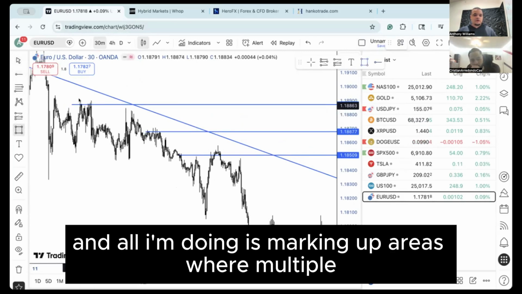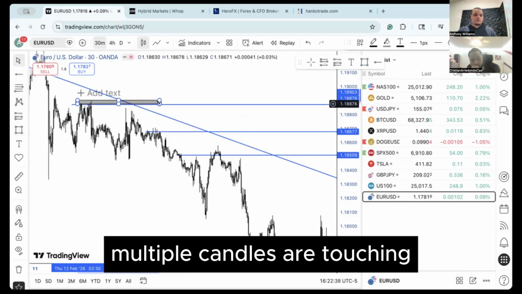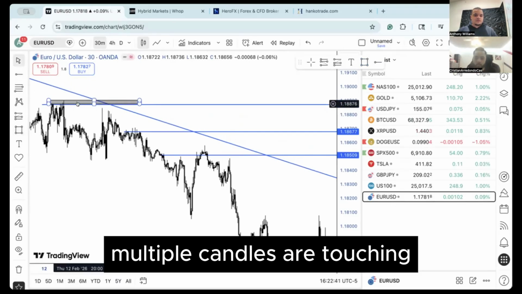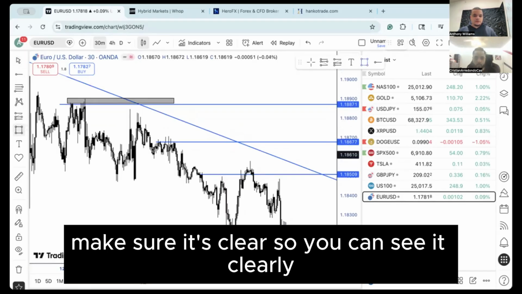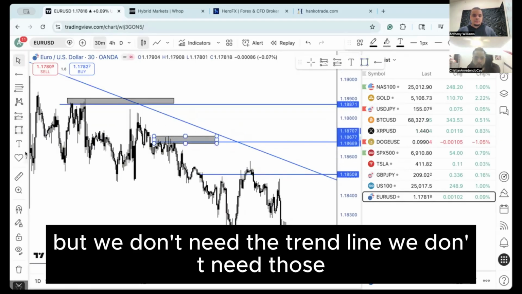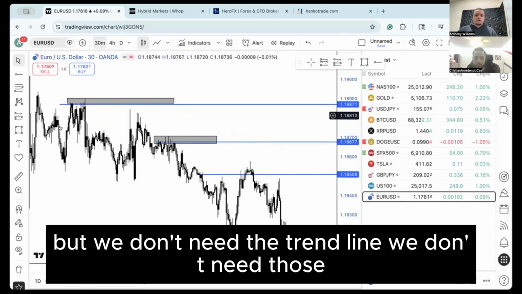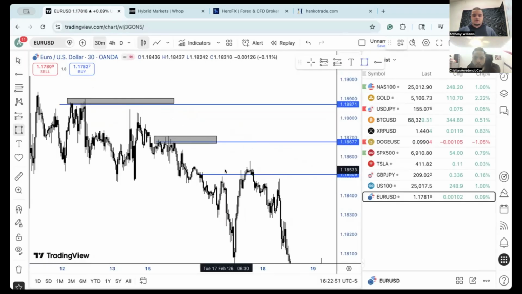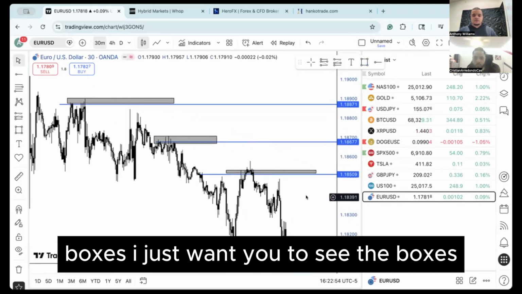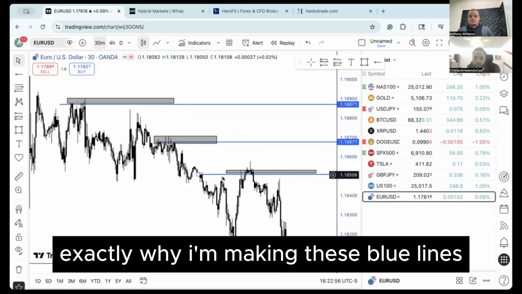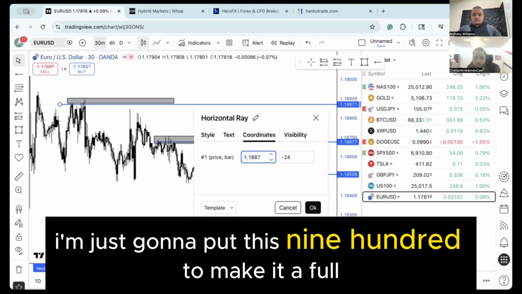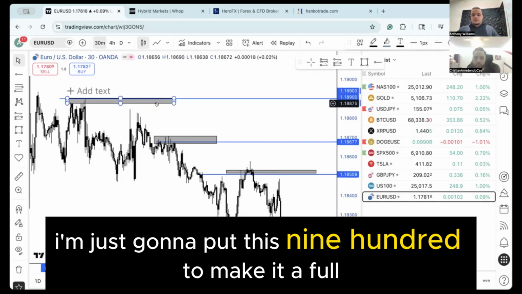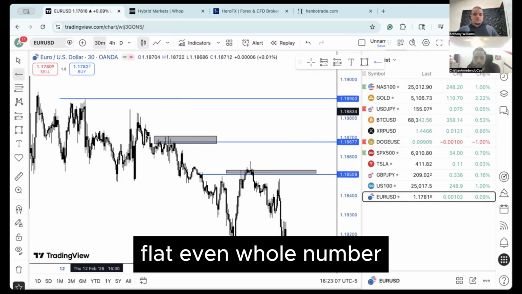And all I'm doing is marking up areas where multiple candles are touching. Make sure it's clear so you can see it clearly. But we don't need the trend line. We don't need those boxes. I just want you to see the boxes so that you can see exactly why I'm making these blue lines. So I'm just going to put this at 900 to make it a full flat even whole number.